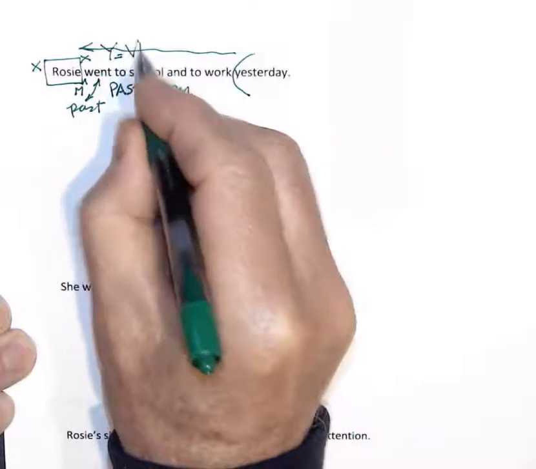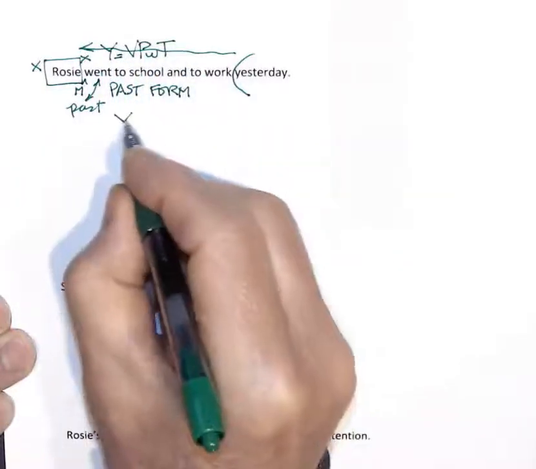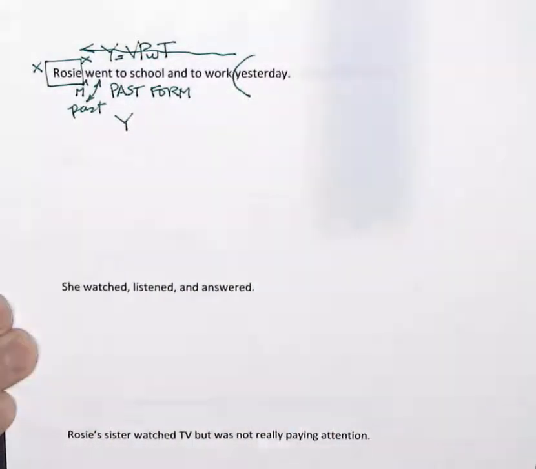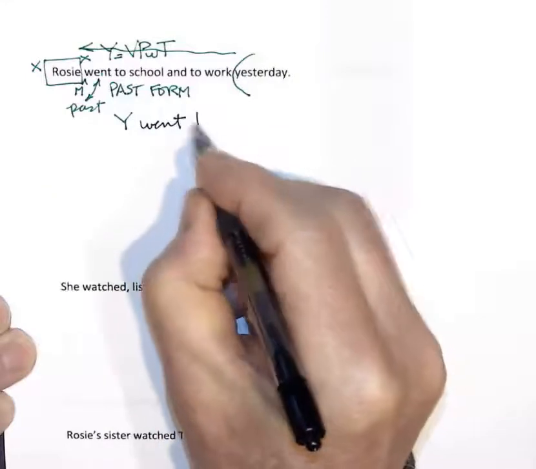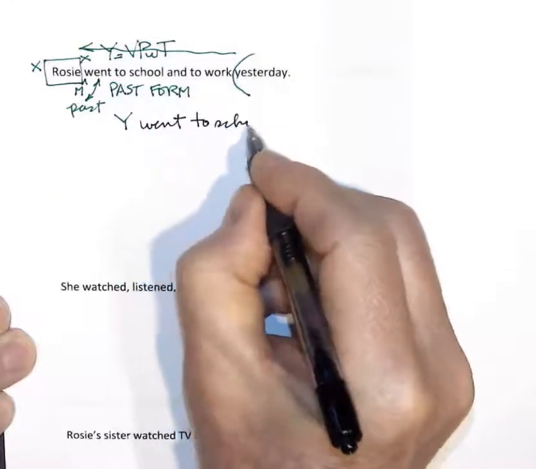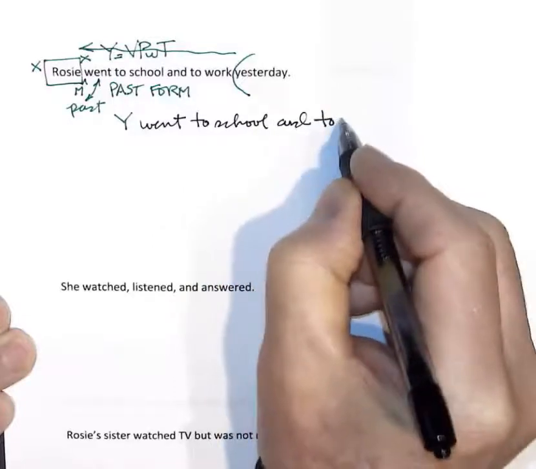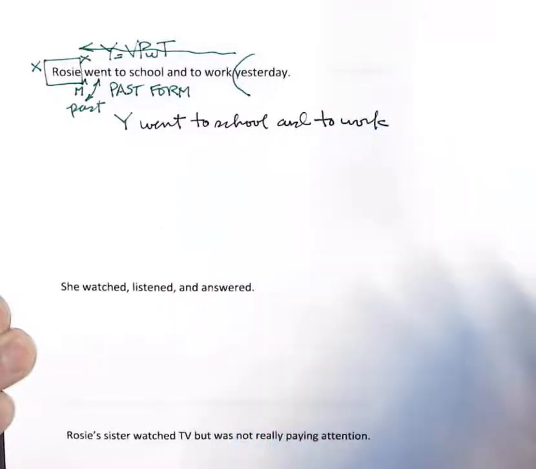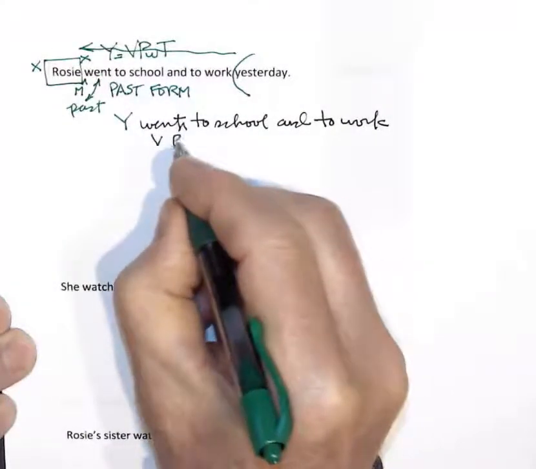Went is a verb phrase with time. We'll rewrite our verb phrase. Went to school and to work. Went is the verb. Particle place is empty.